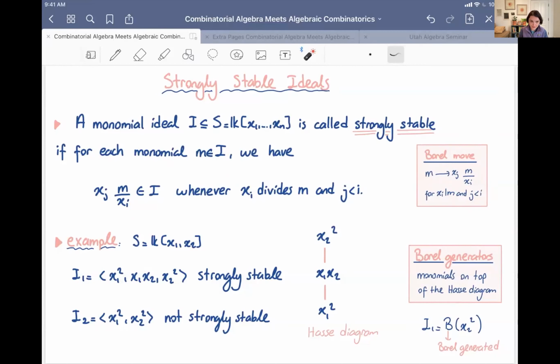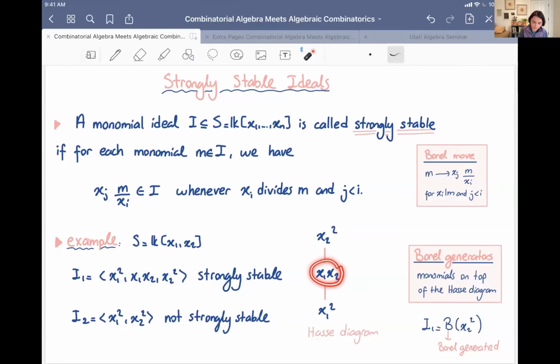And here is an example. Let's think about the polynomial ring in these two variables, and let's look at this ideal generated by x1 squared, x1x2, and x2 squared. Let's look at x2 squared. From x2 squared, I can replace one of the x2s with x1 and get this middle monomial. Then I could replace this x2 with x1, and I would get x1 squared.